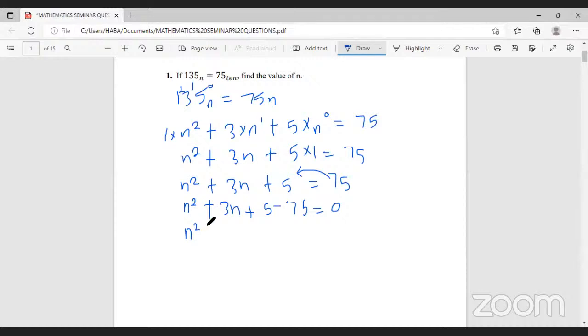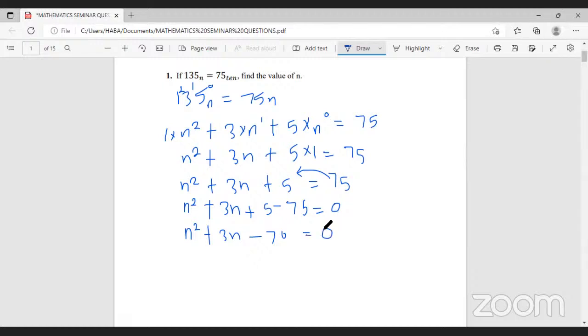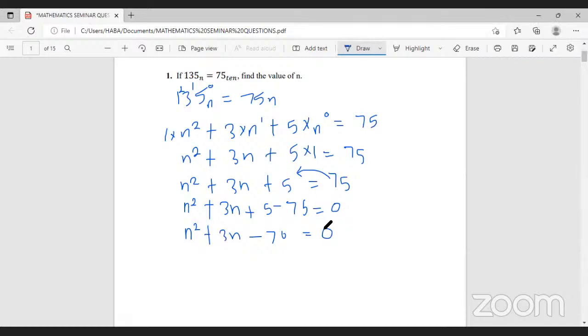So we have n squared plus 3n minus 70, equate this to 0. So we are now going to use factorization, which I guess is simpler. So we get numbers that multiply to give us negative 70, and when we add them, they give us 3.